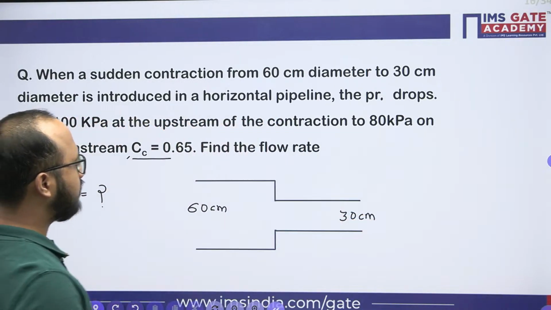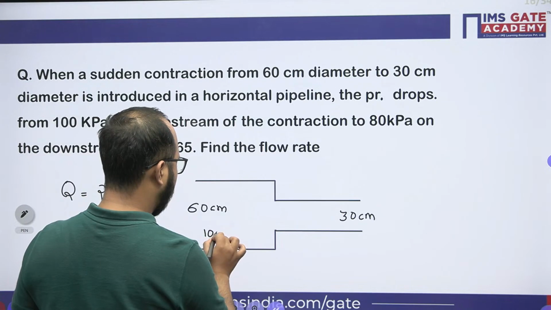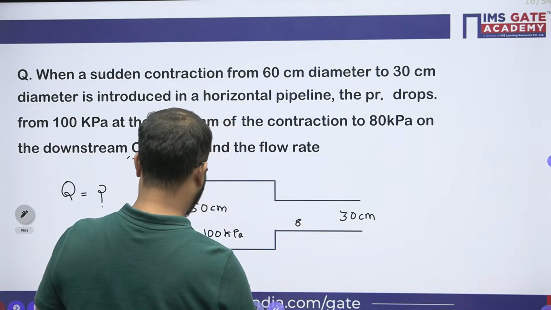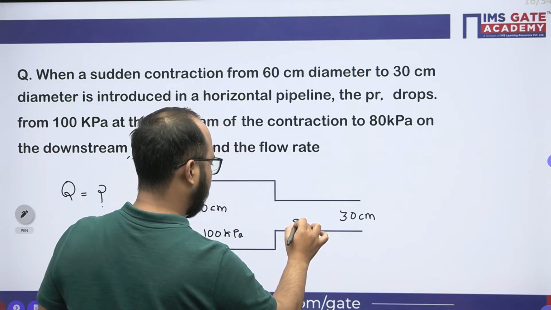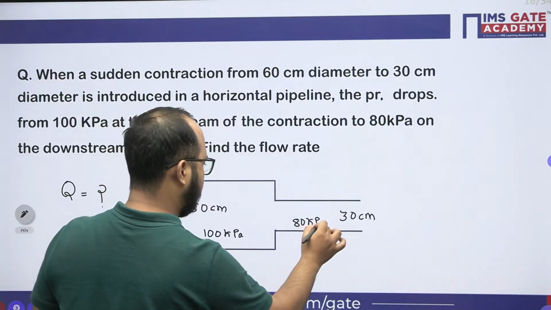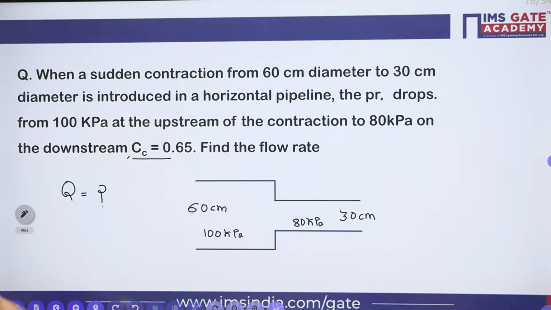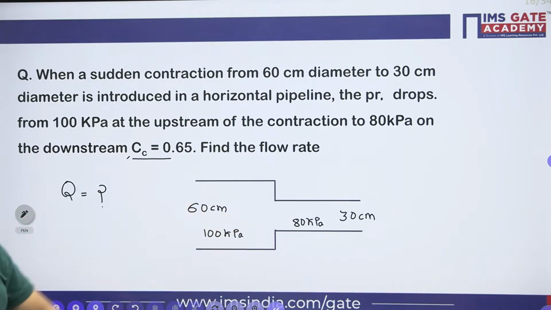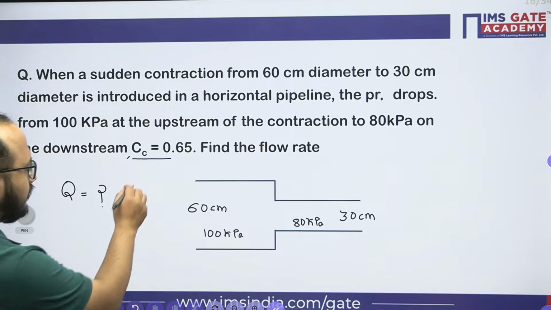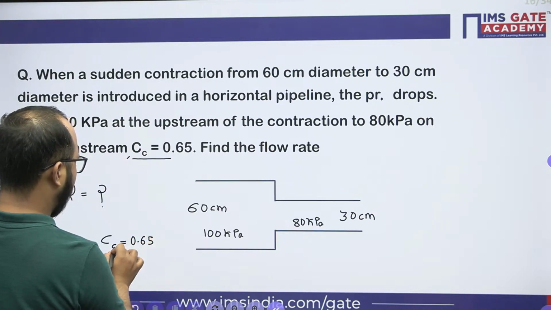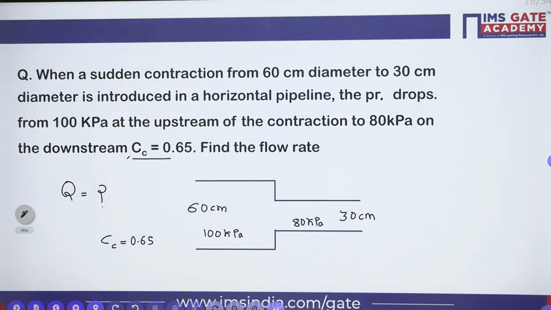Pressure drops from 100 to 80 kilopascal. Coefficient of contraction they have mentioned, Cc equals 0.65. Now if you remember, in the last class we've already covered how to calculate the losses here.